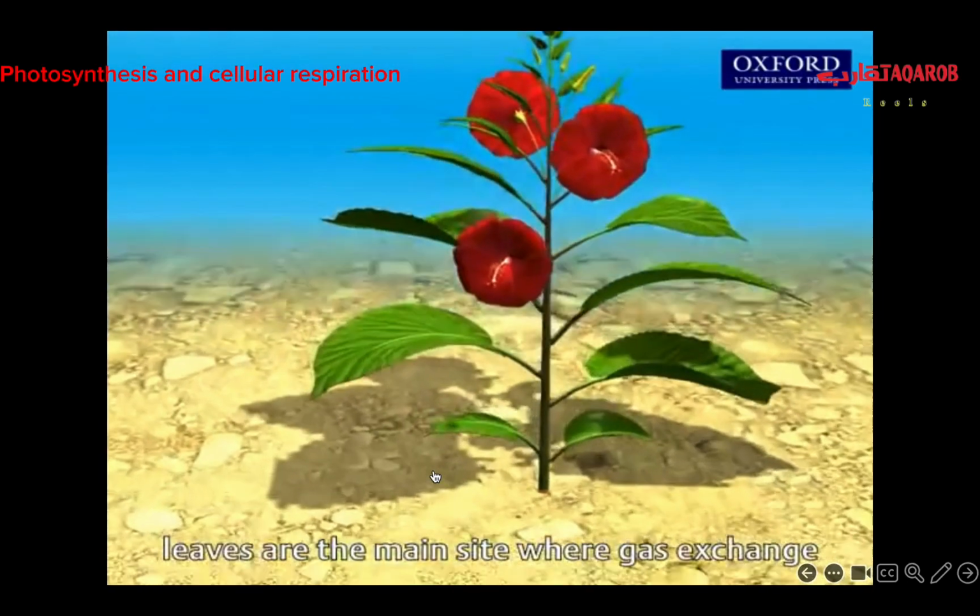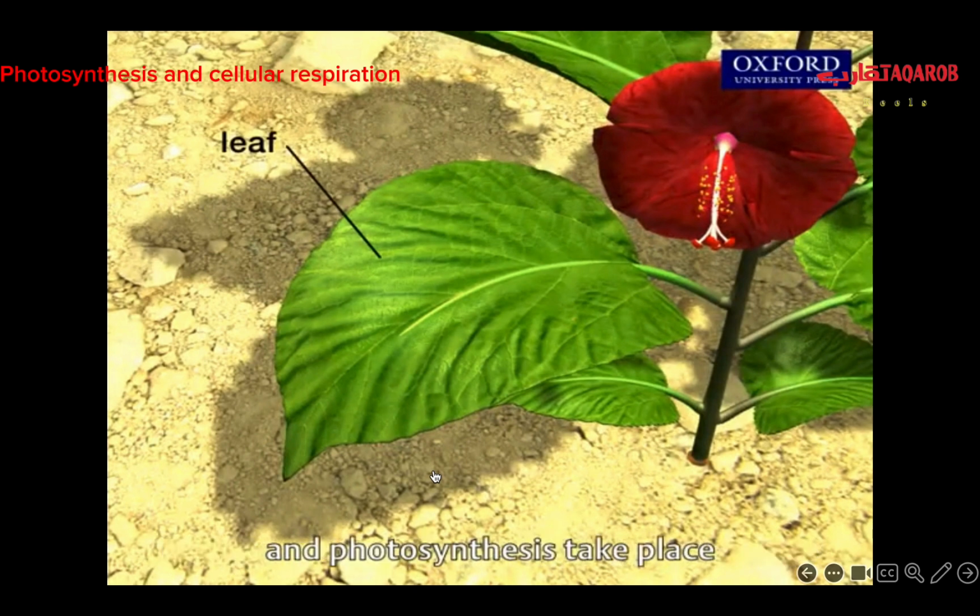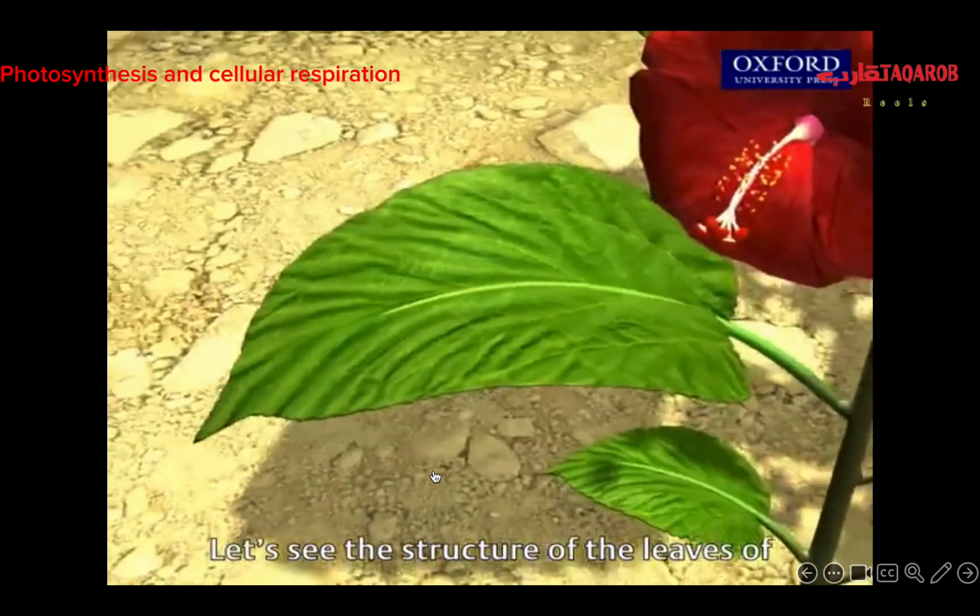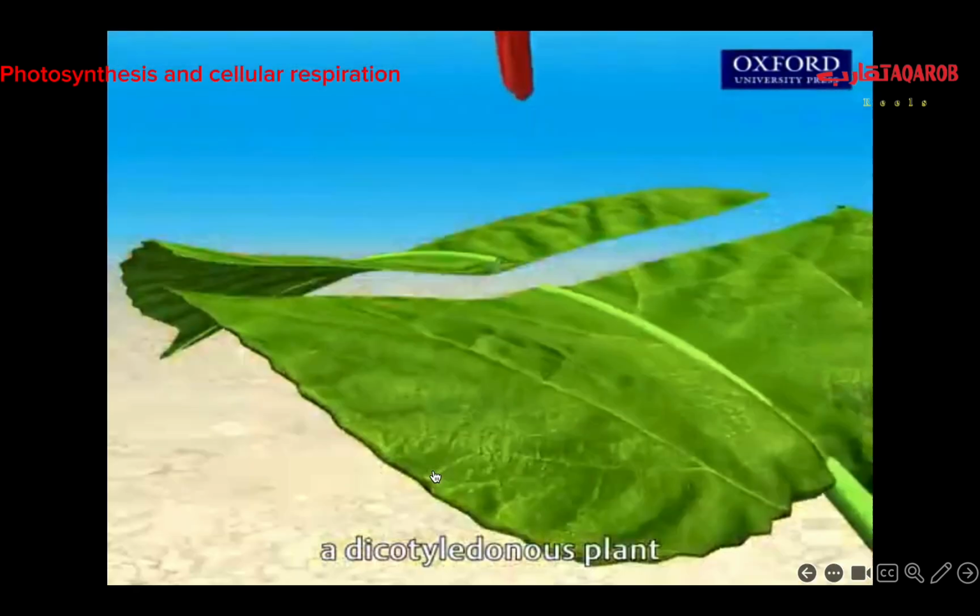Leaves are the main site where gas exchange and photosynthesis take place. Let's see the structure of the leaves of a dicotyledonous plant.